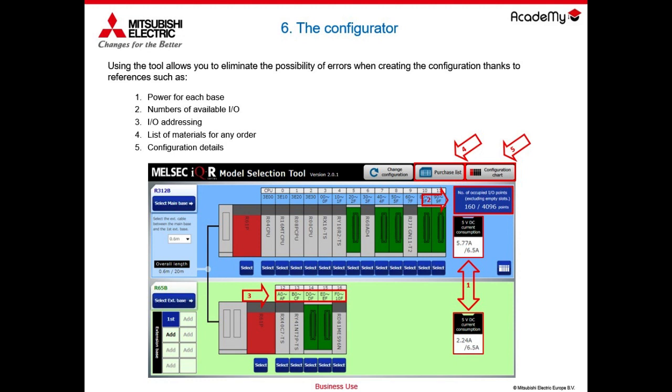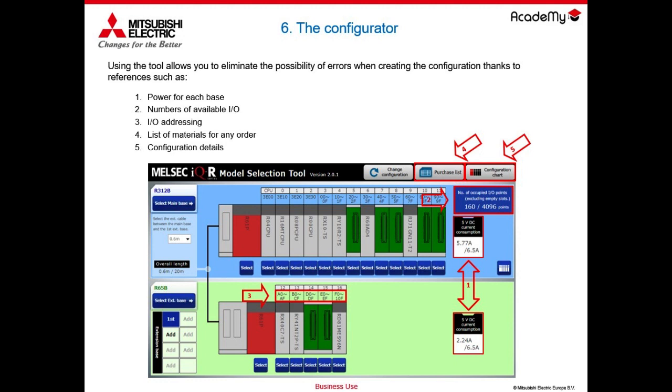Here, our configuration tool is presented in a graphic form, in this way, as regards the main information that is reported. In point 1, the configurator reports, starting from the chosen power supply, what the current absorptions are. It warns us if, as we will see shortly, the power supply is not sufficient.